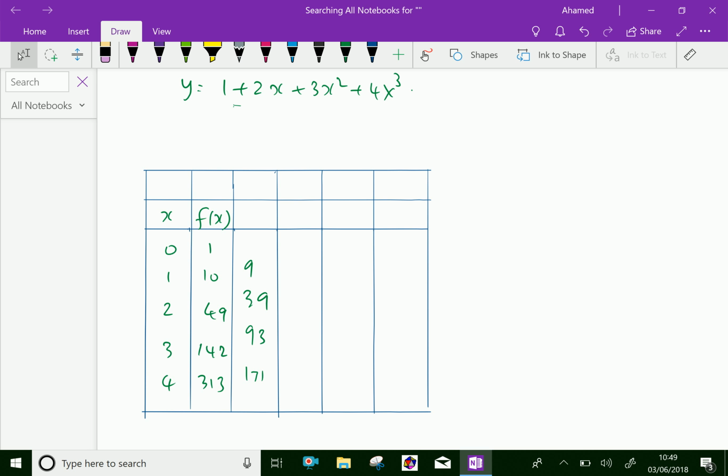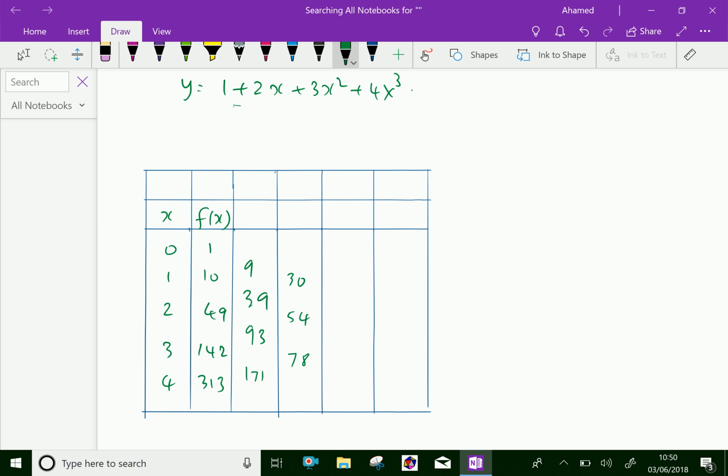Now the next difference: 39 minus 9 is 30, 93 minus 39 is 54, then 171 minus 93 is 78.